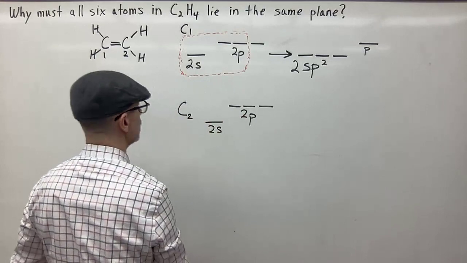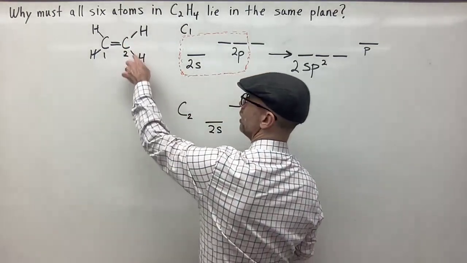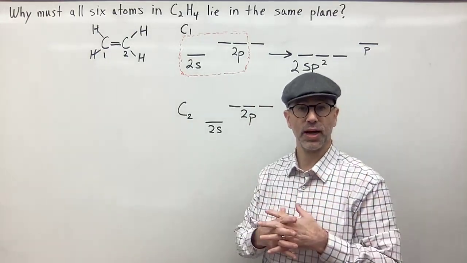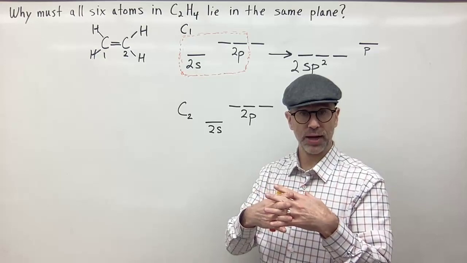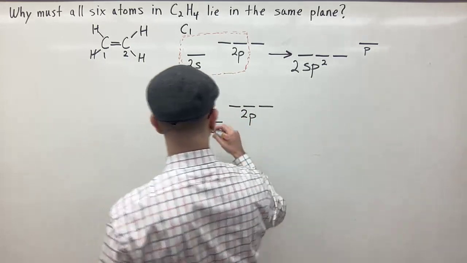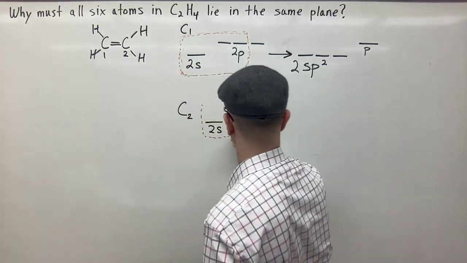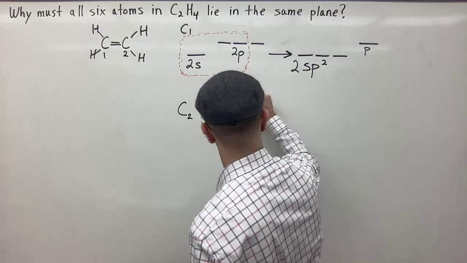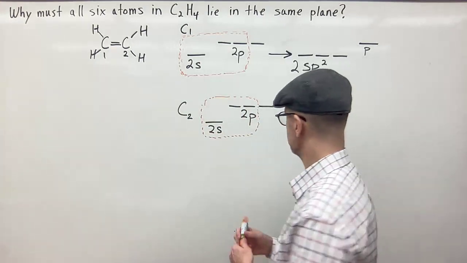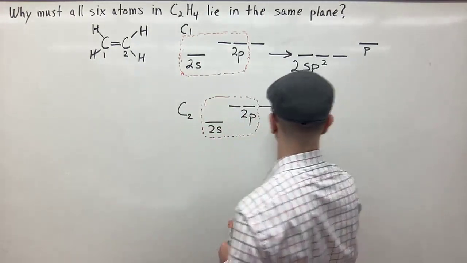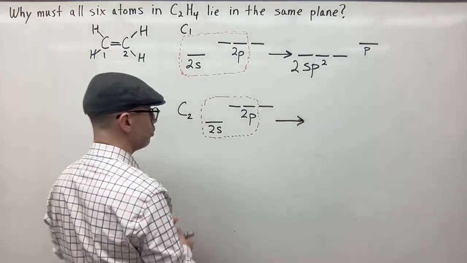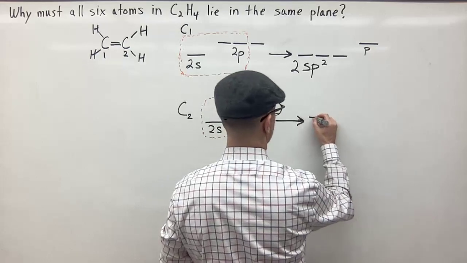Once again, because this carbon has three electron groups, you're going to need to use three atomic orbitals and hybridize them to get your hybrid orbitals. So again, we'll take those three, hybridize those, and again you're going to get three equal energy orbitals.